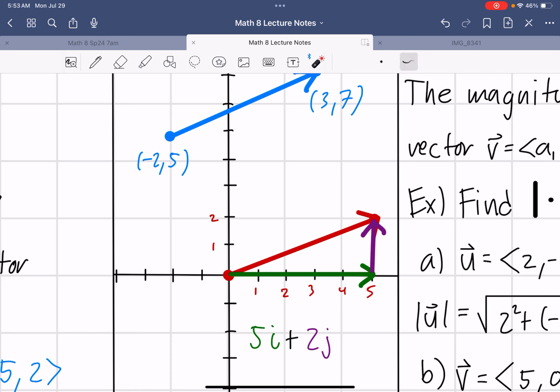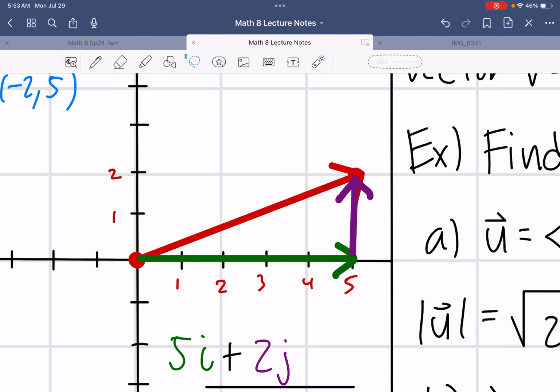Because if I add j onto i, that means I have to take the initial point of 2j, which is here, and I put it on the terminal point of 5i, which is, that's exactly what's happening here.